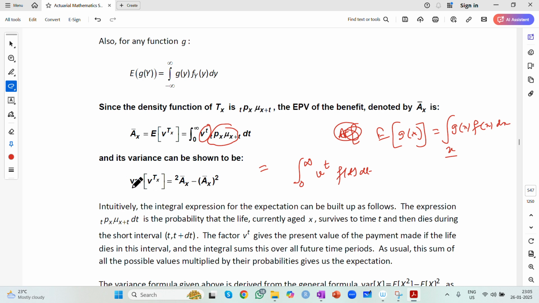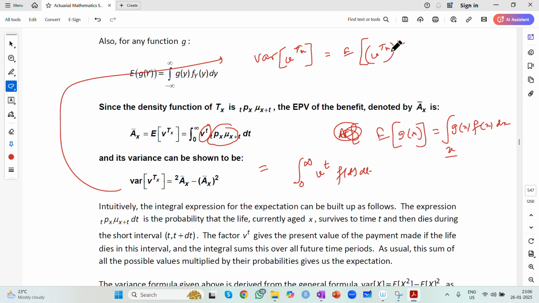Exactly the same way, the variance of v^{T_x} will be the expectation of the square of this, so v^{T_x} whole squared, where a particular value of T_x can be t, so (v^t) squared, minus the expectation of v^{T_x} whole squared.